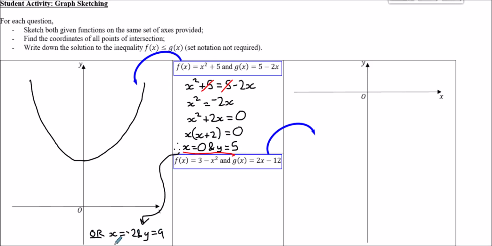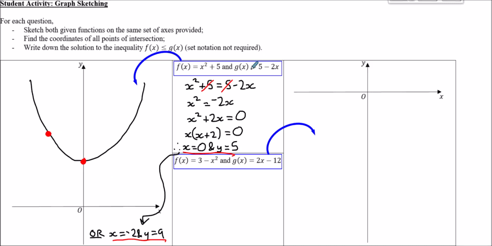So these are the two different solutions. So we've got 0, 5, which is here, or minus 2 and 9. So let's say, I don't know, somewhere over here perhaps.